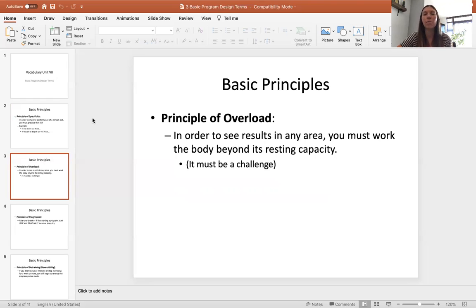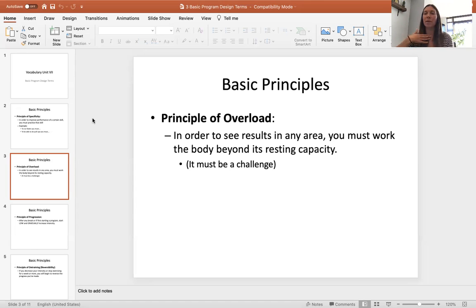Okay, principle of overload. In order to see results in any area, you must work the body beyond its resting capacity. Resting capacity means if we're just sitting around, this is what our body is used to. If we want to increase something, we have to challenge our body. Remember we talked about last Thursday, we started at point A and we want to go all the way to point C maybe? We have to build upon that, and every time you reach a goal, you're going to need to challenge your body a little bit more in order to go even further.